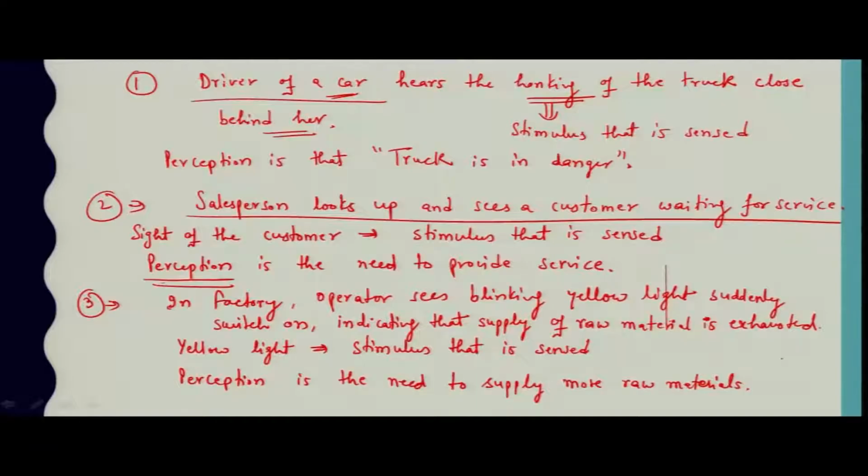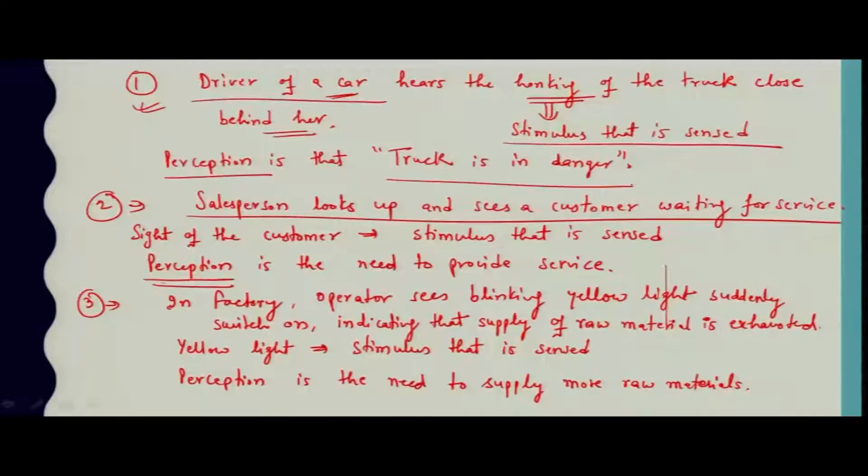So here we understood this concept with the help of three examples. First is the driver of a car running on the highway and suddenly hearing a truck coming and honking. That honking is the stimulus that is sensed, and the perception is that the truck is dangerously close and he has to take care of that situation.